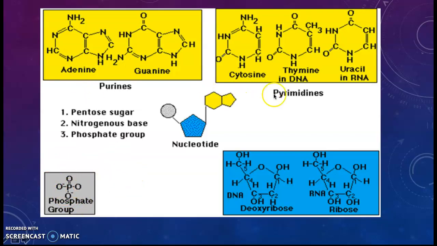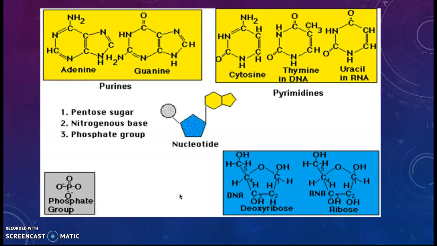So, taking a look back up here, our nitrogenous bases are divided into two different groups: purines, which are nitrogen-based molecules with 2 carbon-nitrogen rings, and pyrimidines, which are made of just 1 carbon-nitrogen ring. The purines are going to be adenine and guanine.